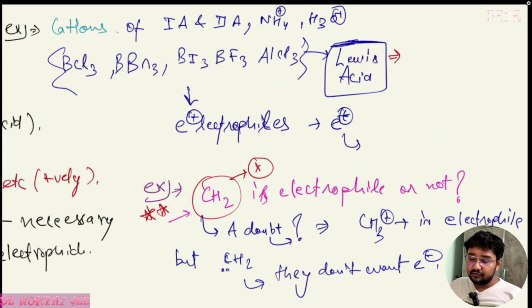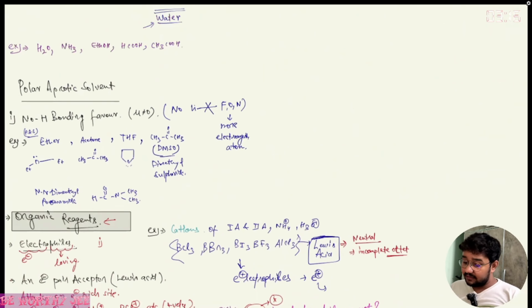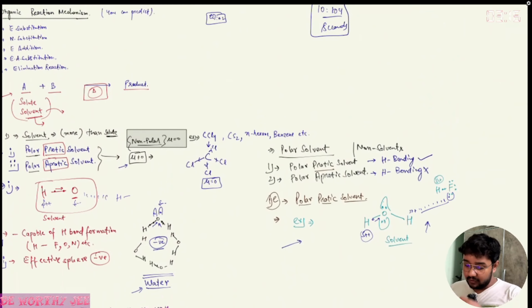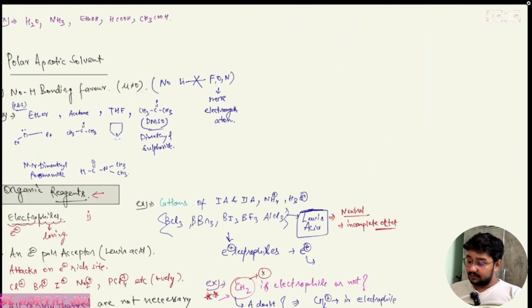Why is a Lewis acid an electrophile? I forgot to mention here, because they are neutral in charge but have an incomplete octet. Those which have an incomplete octet are electrophiles. So we discussed a few concepts here.